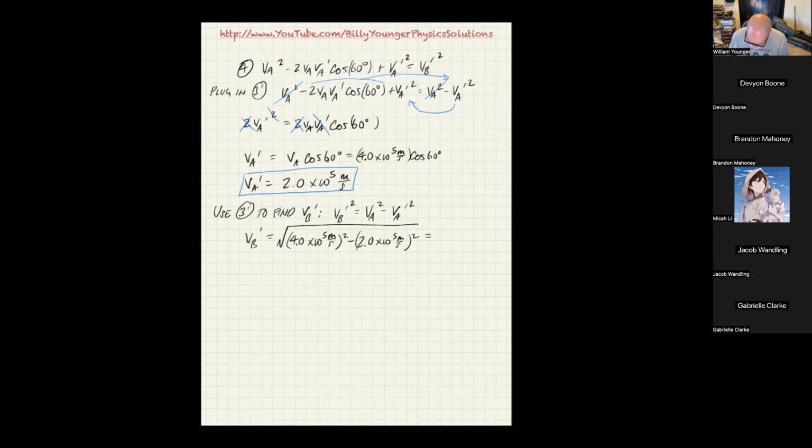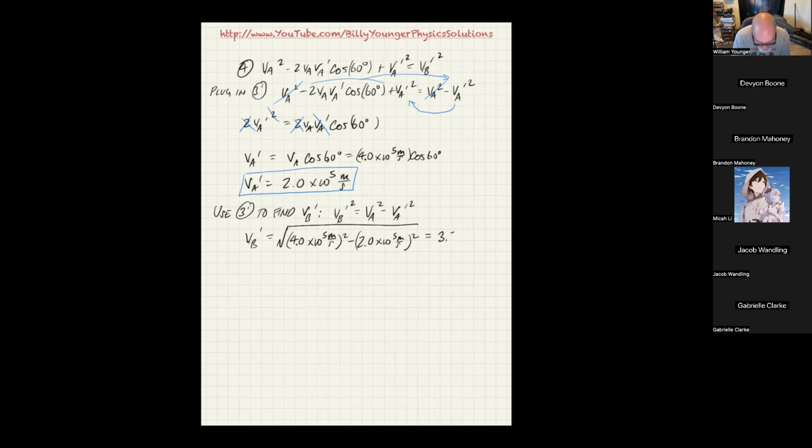I can work that out. The square root of 12 is 3.46. I'm going to call that roughly 3.5.